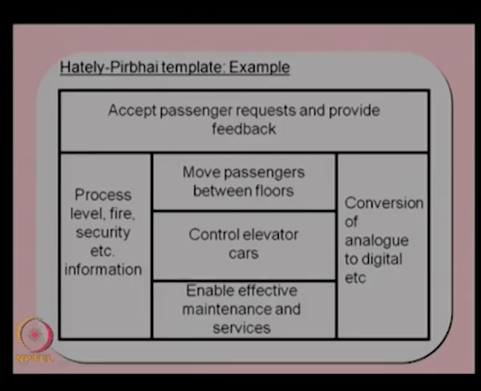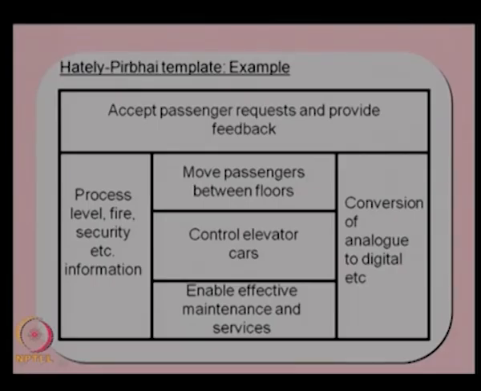So, in the output processing, there will be a lot of information going out from that particular function. Basically the passengers will be informed about the status of the elevator, where it is and whether the door is opening. So, all this information needs to be provided to the passengers. That work is done by the function conversion of analog to digital information and passed to the user interface.